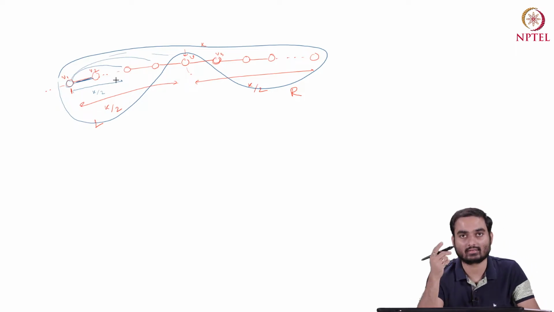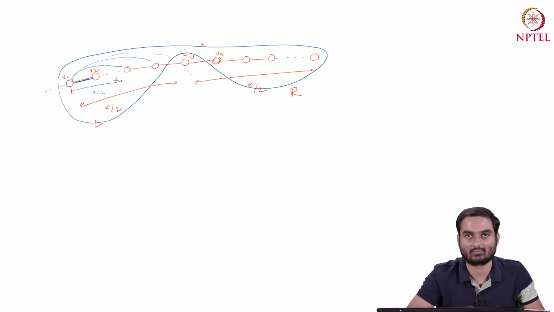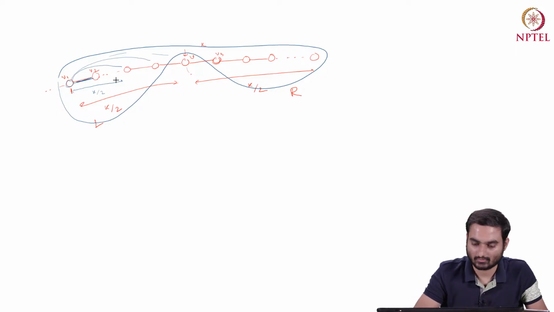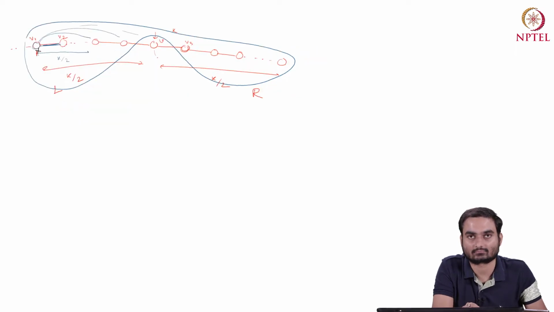Okay, and all those edges connected to V1 on the right side of V1 will be counted while calculating the local clustering coefficient of node V. Pause and ponder and think why it is so. Okay, so how many edges associated with V1 will be considered in this calculation?